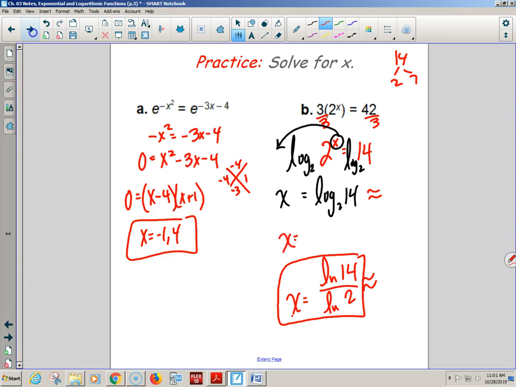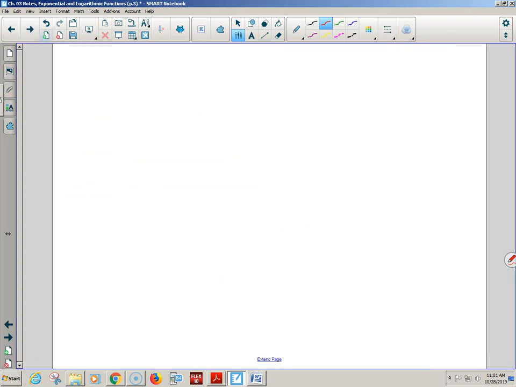Yes, because change of base formula says I can change a log base 2 to any other log, including an ln, by taking, remember, the argument over the power. It's a formula. It's a memorized thing. It works. But aren't there just a few of you that are like, I just have to remember that formula and do it every single time? Can I show you another way of solving that would land you in the exact same spot?